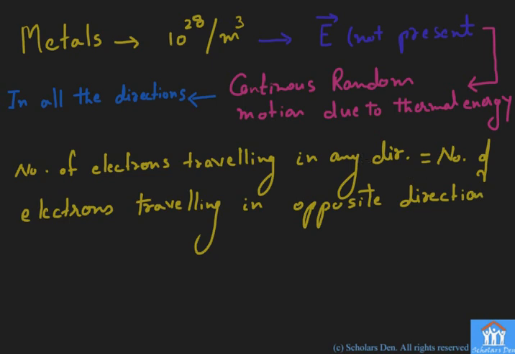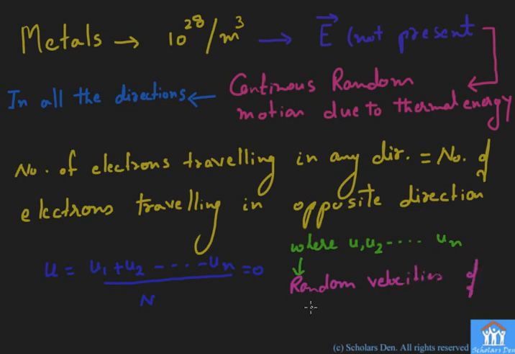So what we can infer from here is that if we assume the average thermal velocity, which I am writing as u, then u is equal to u1 plus u2 up to un divided by n, and this value will come as 0, where u1, u2, up to un are the random velocities of n electrons.